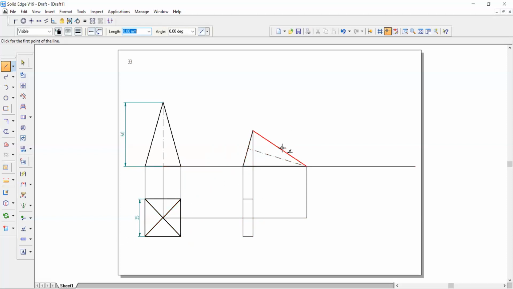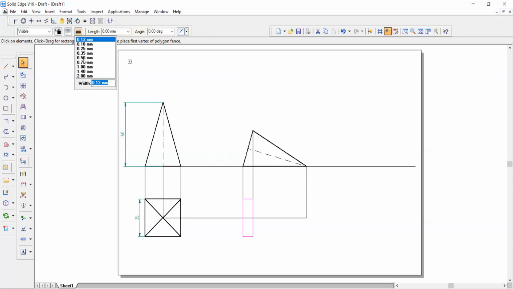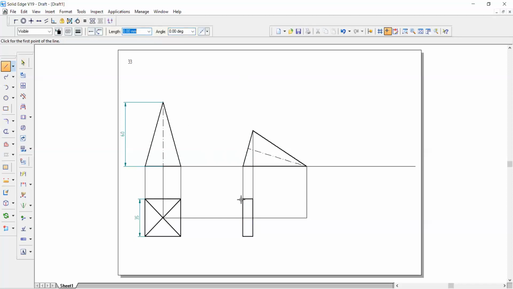Okay, now this square face will be visible to you whenever you are seeing from the top. Whenever you're drawing the projection lines, make sure that you are showing the lines, how it is coming from.